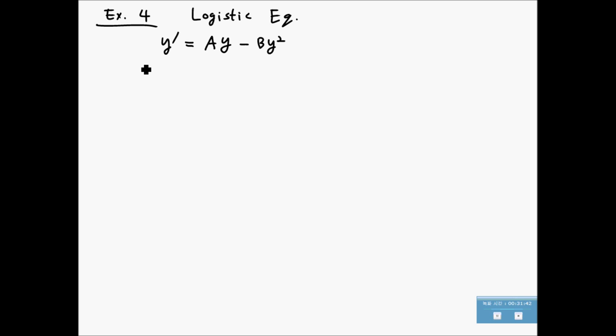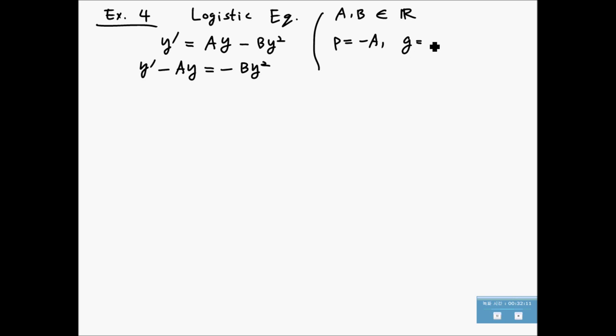If you write it in standard form, that should be y prime minus ay equals minus by square. That's the standard form. Then you know that a, b are constants, just real numbers, not functions. And then your p is minus a, your g is minus b, and your a is 2.